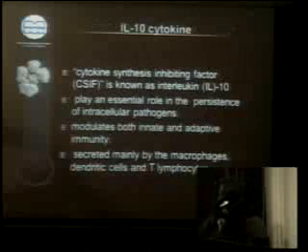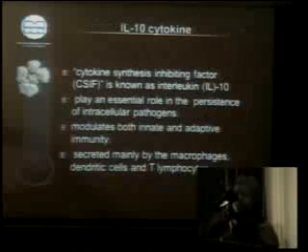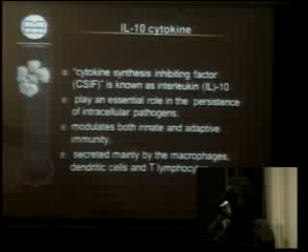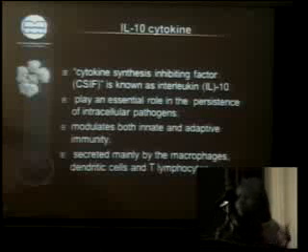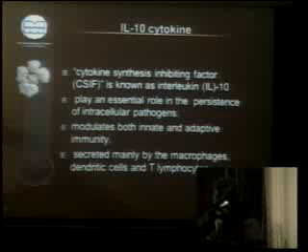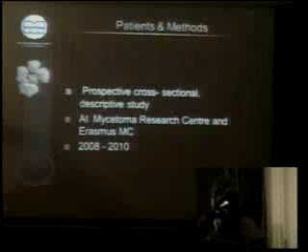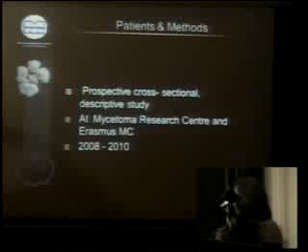As Dr. Ihab mentioned, IL-10 is a cytokine synthesis inhibitory factor, inhibiting tumor necrosis factor alpha and interferon gamma, plays an essential role in the presence of intracellular pathogens, modulates both adaptive and innate immunity, and is secreted mainly by macrophages and dendritic cells.